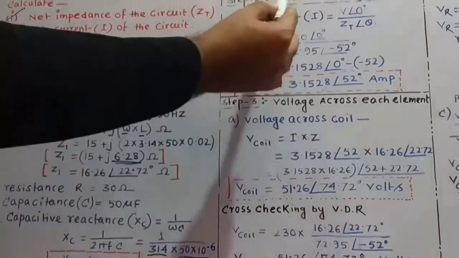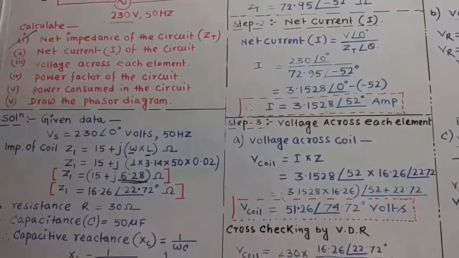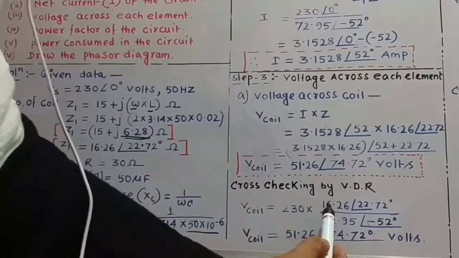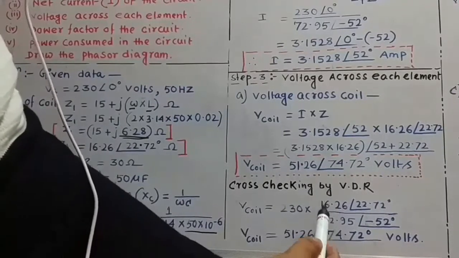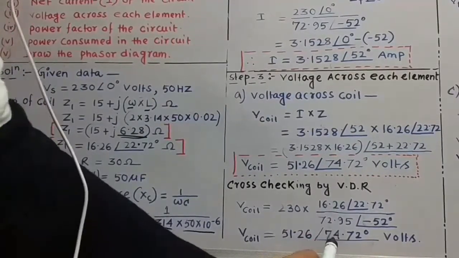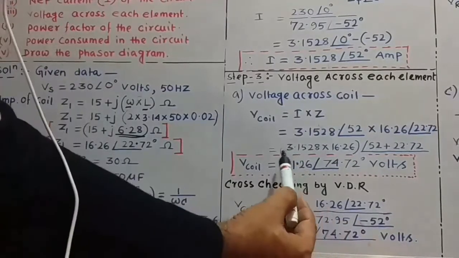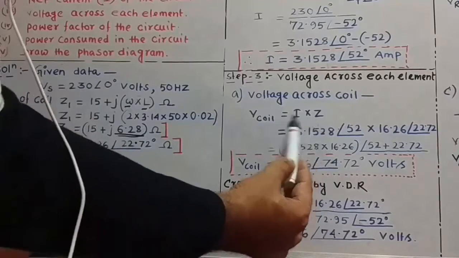So this is your total impedance of the circuit connected in series with a voltage source. If you perform this calculation, you will get 51.26 angle 74.72 degree volts, which is exactly the same as by multiplying Z and I.